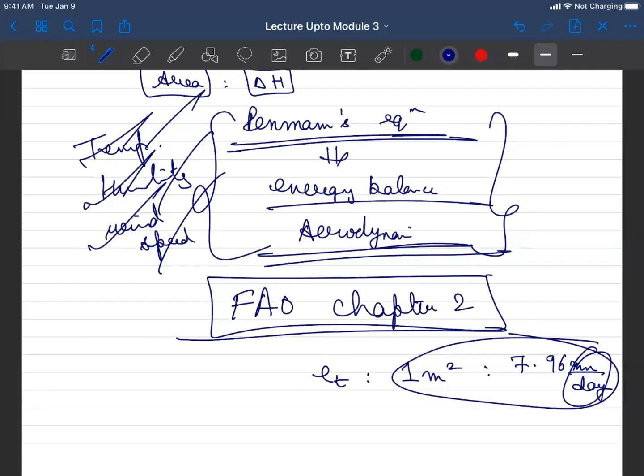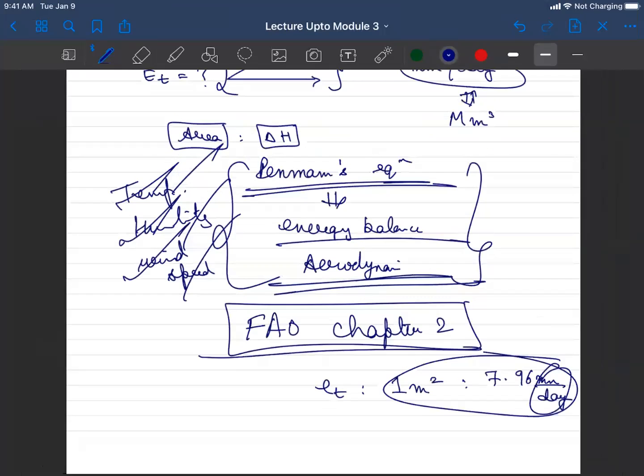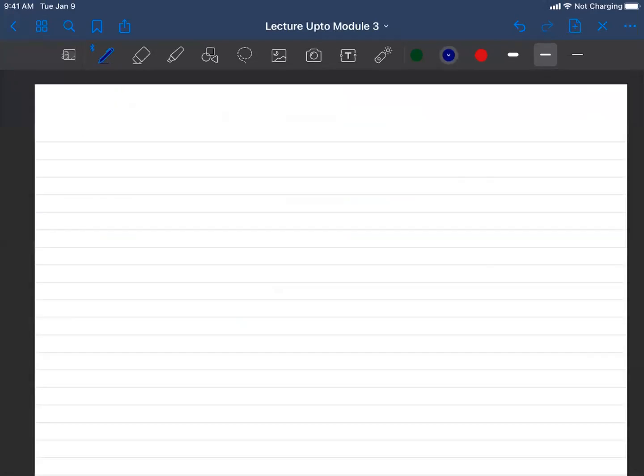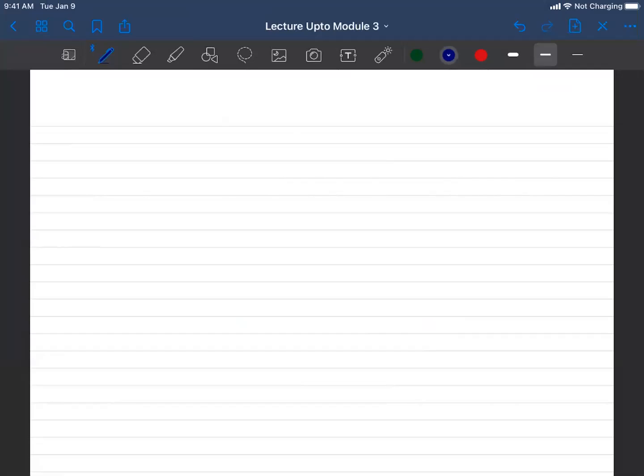ET. Now, the problem here is it may be easier for us to determine the storage, the amount of water that is stored in that particular area, if you do not have any topographical maps.